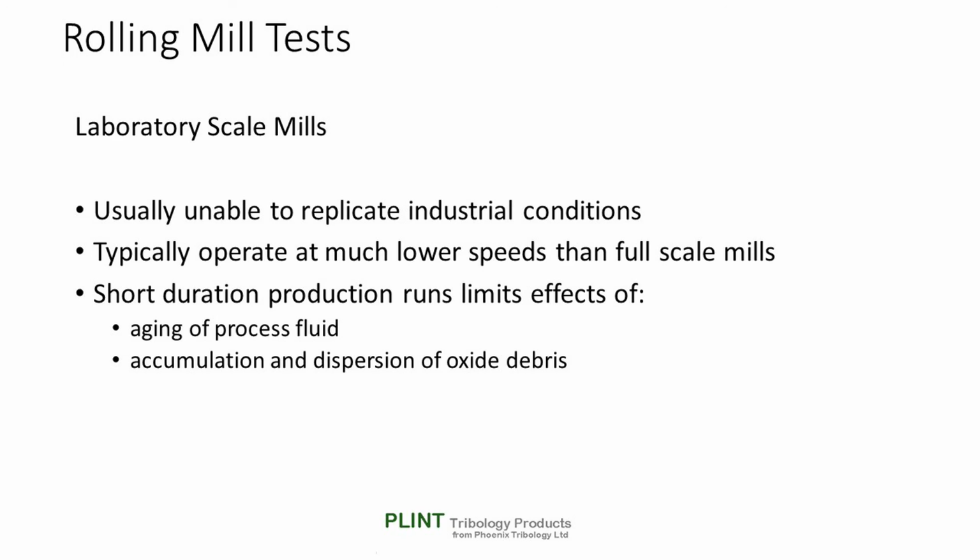The effects of aging of the process fluid and the accumulation and dispersion of oxide debris, which can have a significant impact on the performance of a full-scale mill, are hard to model in a small-scale laboratory mill. For example, it's well known that with rolling aluminium, too clean a fluid can have a detrimental effect. The presence of dispersed oxide debris can be beneficial.